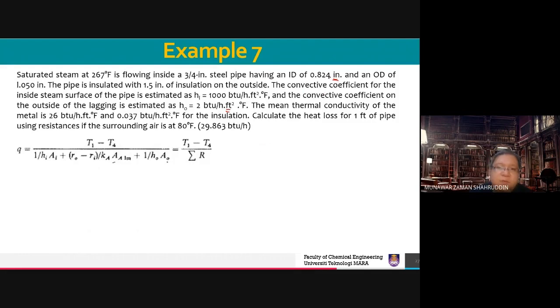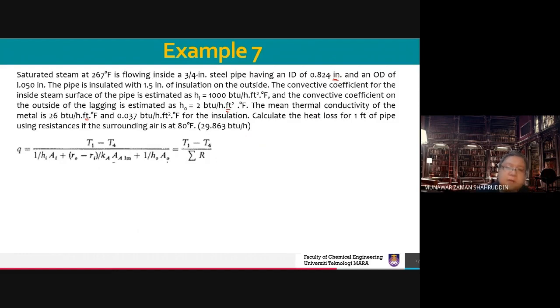You have to convert inch to feet, because the h and also the value of k are determined in units of feet.